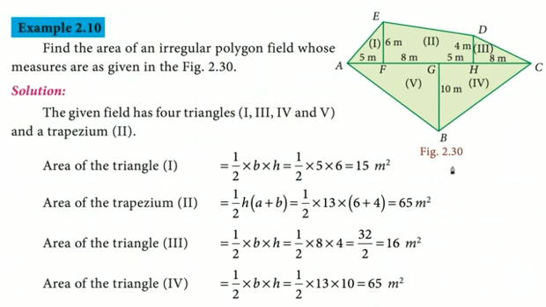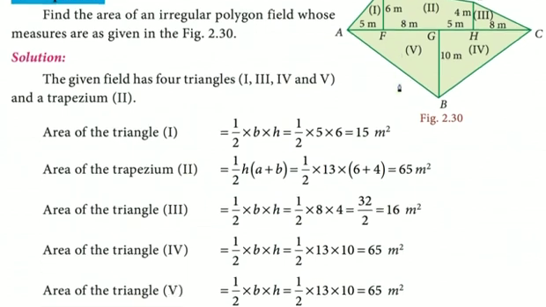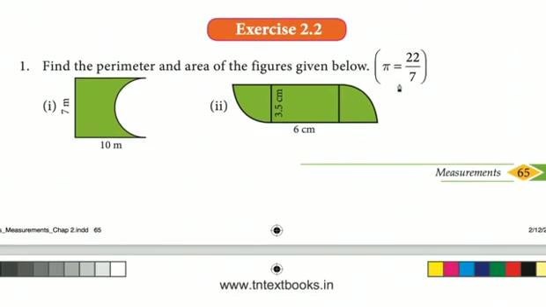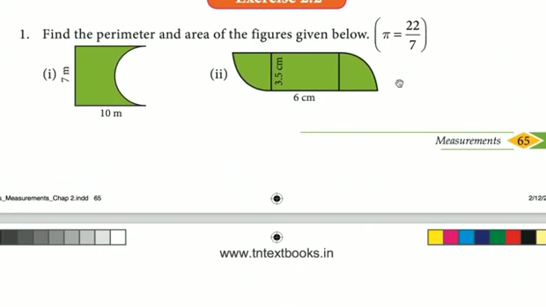The trapezium you will calculate as h into a plus b, where h is 8 plus 5, 13, and a plus b is 6 plus 4. Again you will simply calculate all the triangles and add them up, you will get the answer. So we'll postpone the discussion to the next part from exercise 2.2.